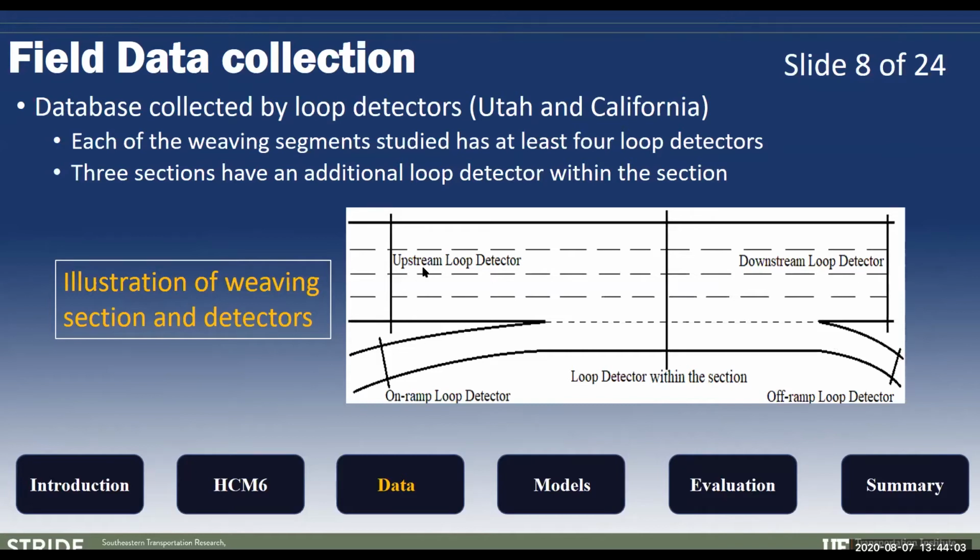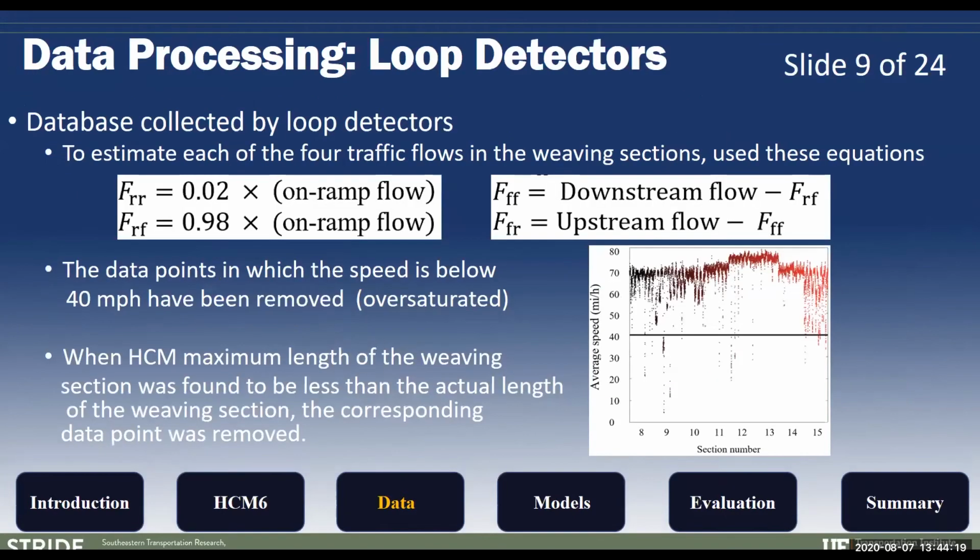So we would know exactly the on-ramp, off-ramp volume, as well as the mainline volume. And some of the sites also had a sensor right in the middle of the weave. So that enabled us to provide some decent estimates of the different flow rates, the flow rate from ramp to ramp, from freeway to ramp, using some observation and some estimates of how much those flows were.